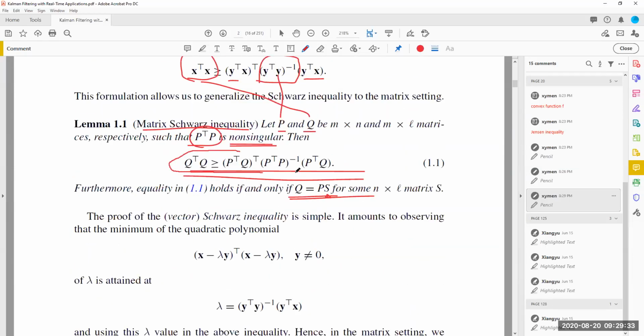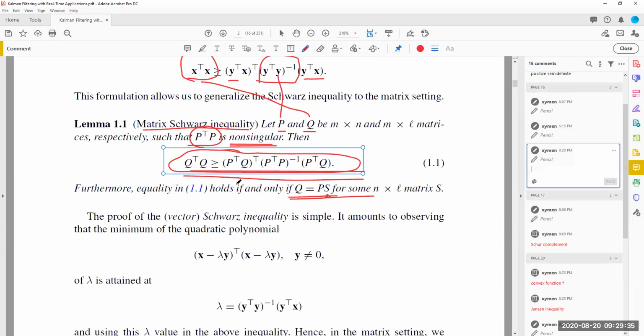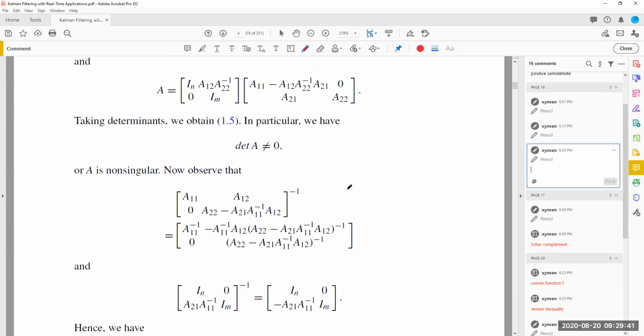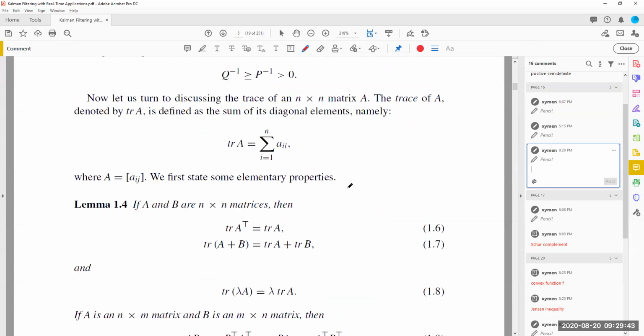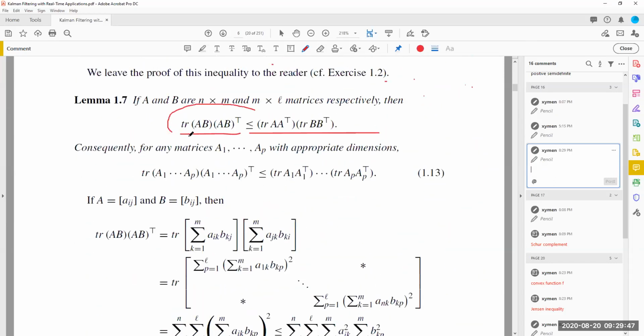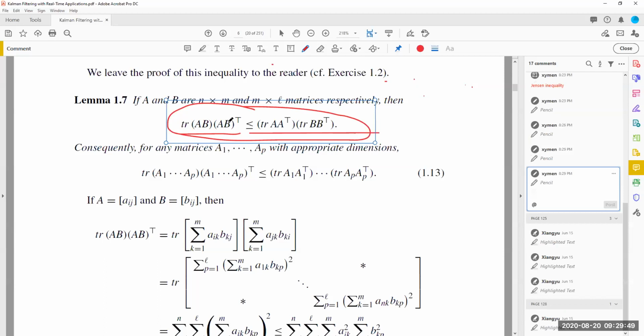It's like you take a trace on both sides. It's very similar to the Schwarz inequality, but in the trace form.